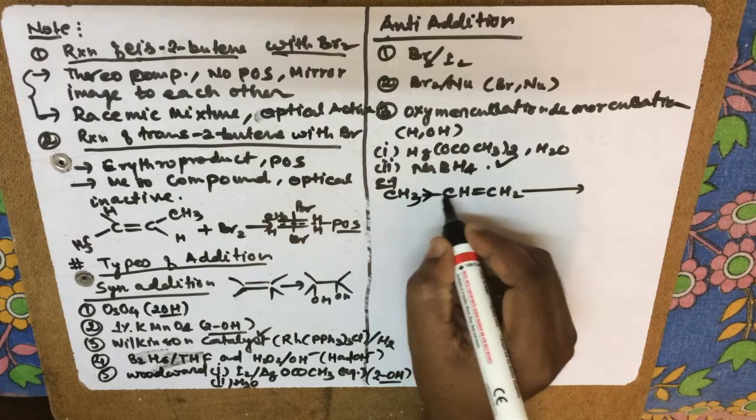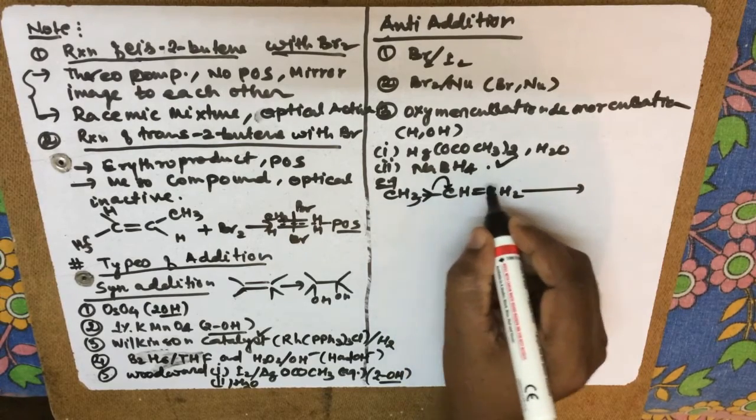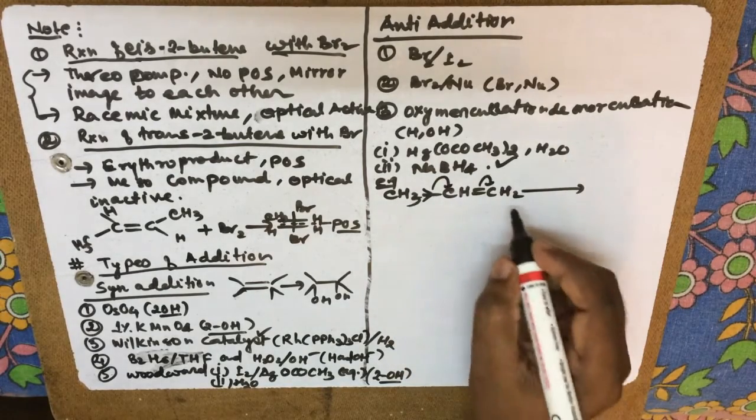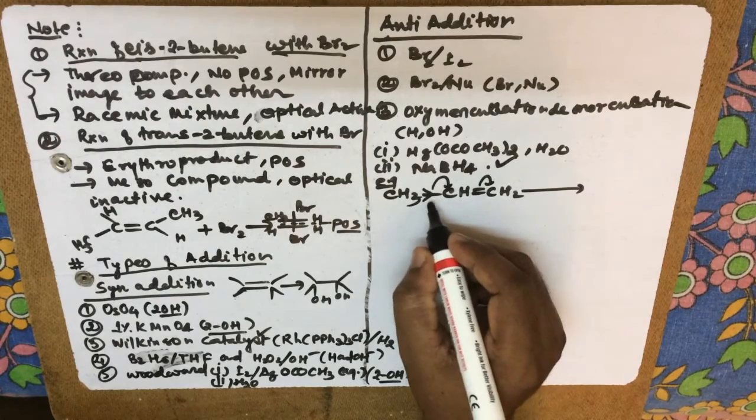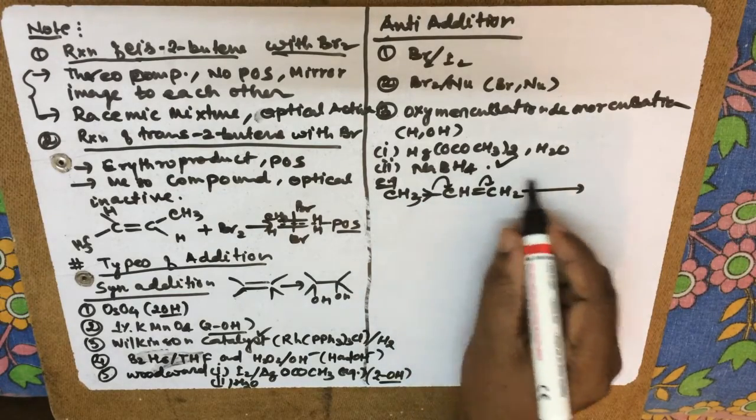Methyl is an electron donating group, so electrons move from this side to this side.